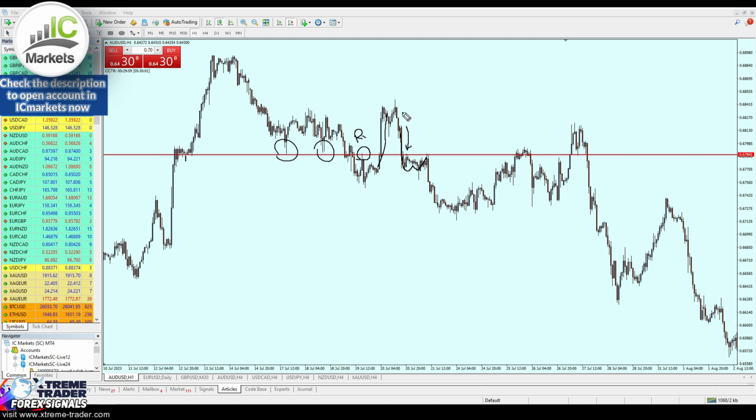So right here we have resistance number 1, this resistance 2, this 3, and right here 4. So the moral of the story is, look for the bearish breakout candles, guys, like this one or like this one, and start the counting of the first or second attempt right after the retest of the same level. So right here, for example, we have a first, second, third attempt of a resistance.